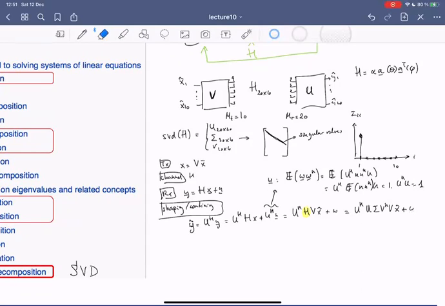I've not been very consistent with my underlines, but okay. So this is H. And now we know that U Hermitian U is an identity matrix, so this is gone. V Hermitian V is also an identity matrix. So what we find is y tilde is equal to sigma x tilde plus w. Okay, these are all vectors.